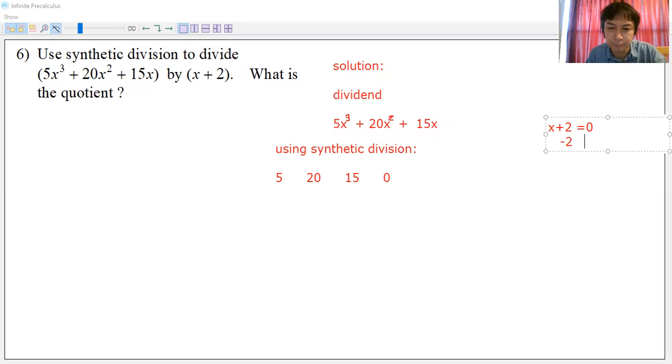Minus 2, minus 2. And x is equal to negative 2 there. This is our trial divisor. So you can put it here. Trial divisor. We can now make use of the partition line here.